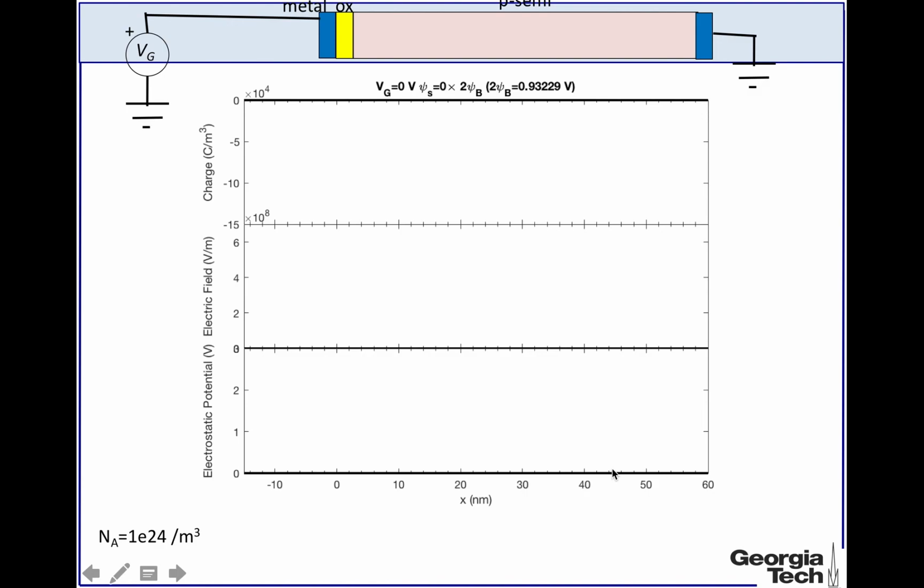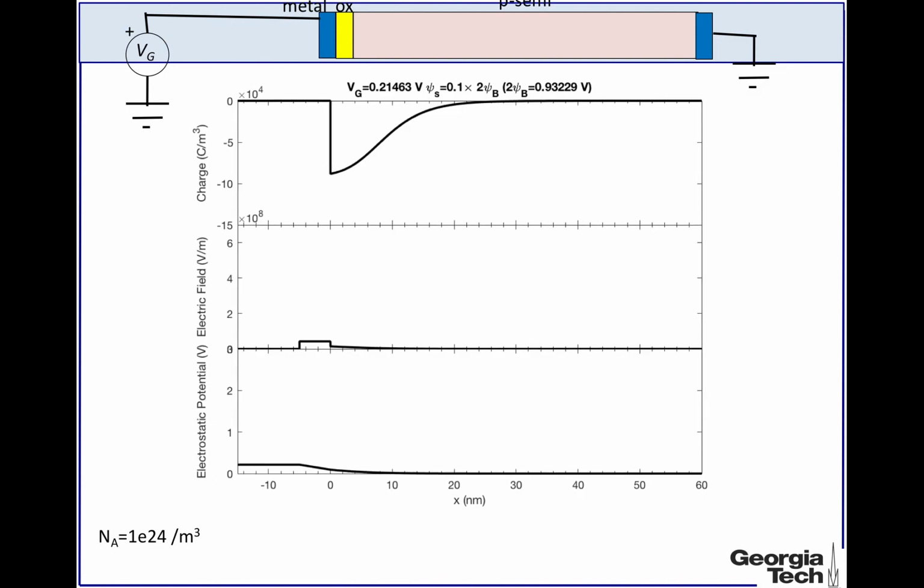Alright, so now we apply a small voltage and you see that there is some charge in the semiconductor region here, and that creates an electric field inside the semiconductor, and it goes down to 0 very quickly. It also creates a surface potential in the semiconductor, and the difference between the electrostatic potential at the metal and deep inside the semiconductor is actually equal to Vg.